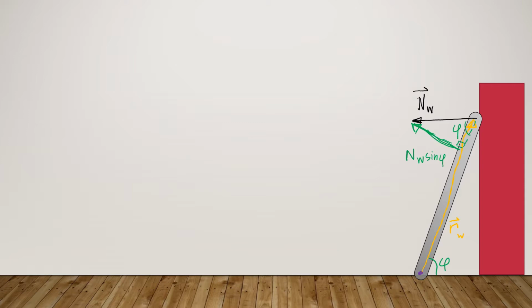So if I want to write the torque, then I would say the torque is equal to the force times the lever arm. And if I were to hold the axis down here and treat the ladder as a lever and push on it, it's going to try to rotate counterclockwise. So this is a positive torque.